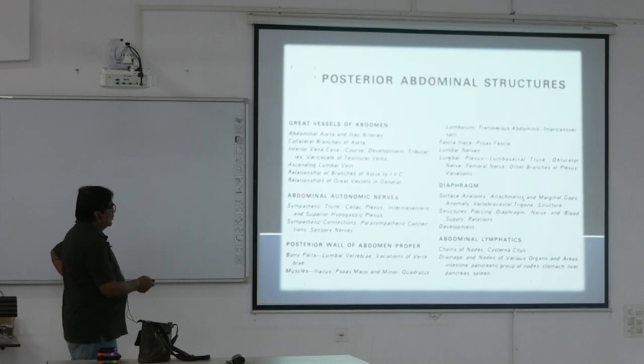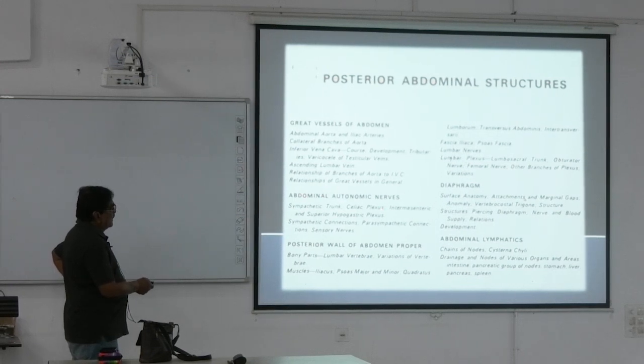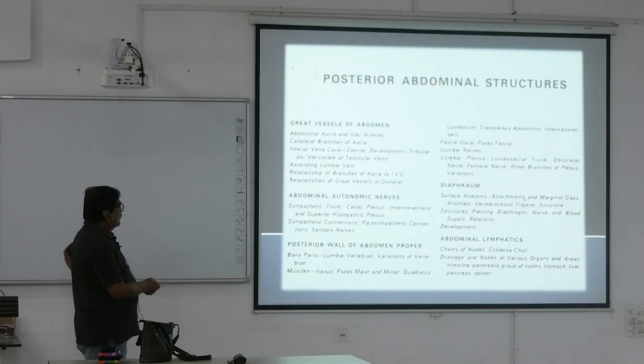The abdominal autonomic nerve, sympathetic trunk, celiac plexus, intermesenteric and superior hypogastric plexus, sympathetic connections, parasympathetic connections, and sensory nerves.